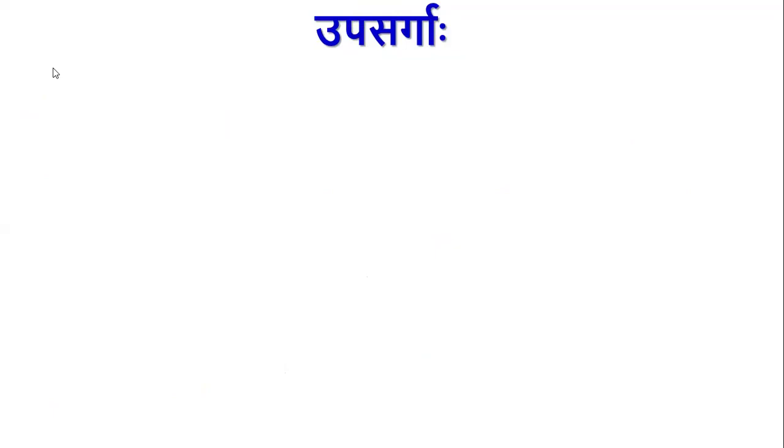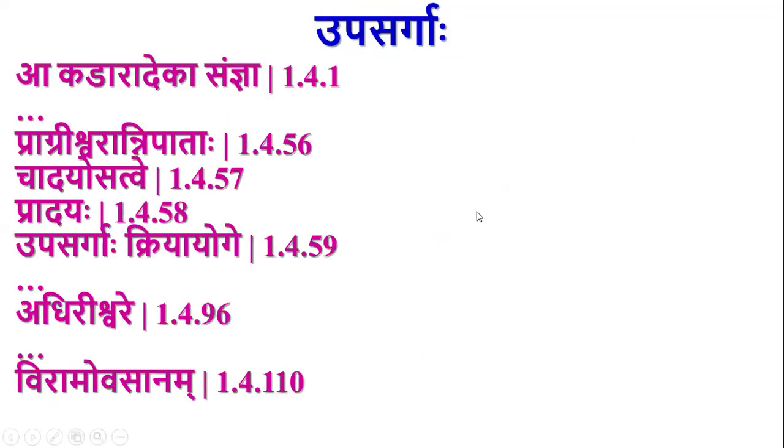Okay, we shall know what an upasarga is before going into the details of the sutra. There is this pada in the sutra patha. This is the fourth pada of the first chapter, 1.4.1, where we see these sutras starting from akadara deka sangna till viramo avasanam.